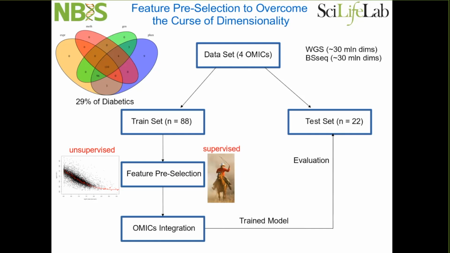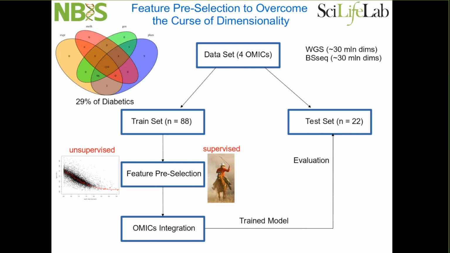Why do you select highly variable genes? Because you assume that there is some difference in gene expression for some genes between cases and controls. If there is no difference in gene expression between cases and controls for a gene, there is no point in keeping this gene for your analysis.